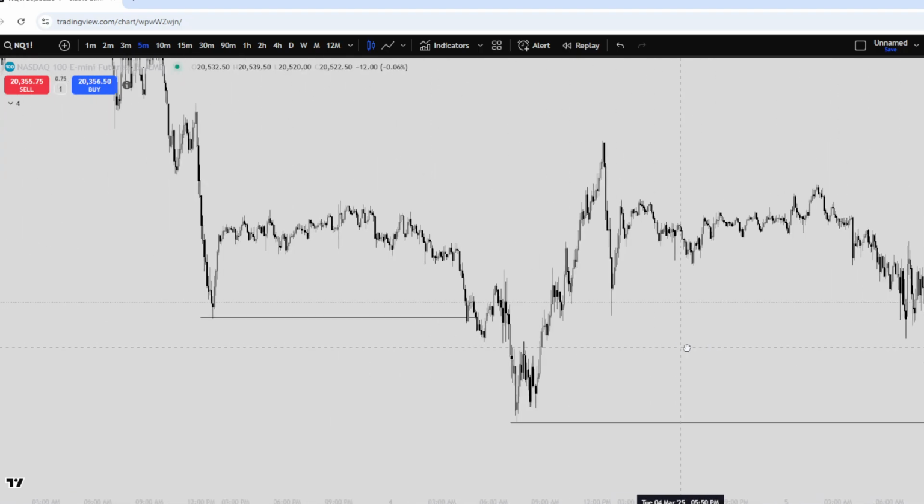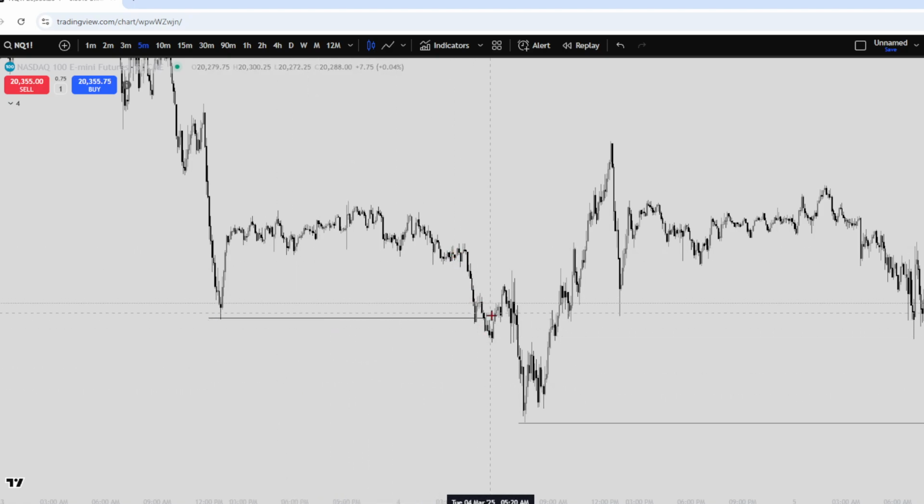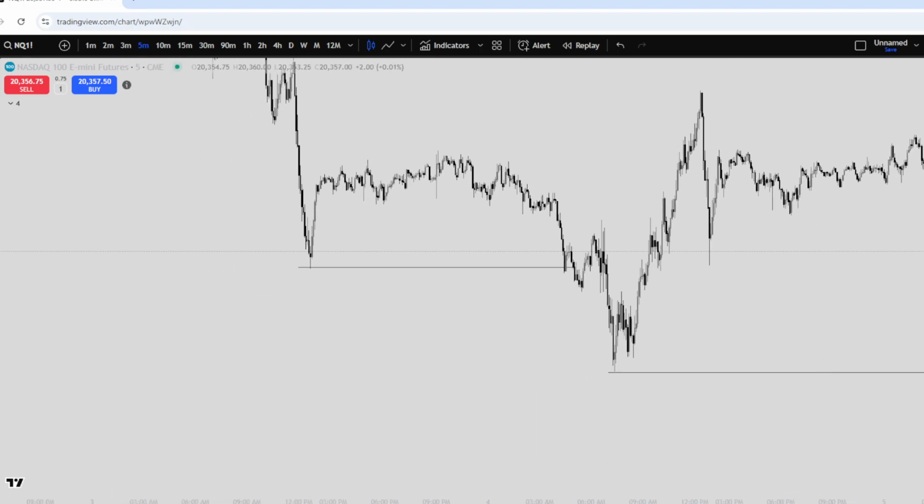What we tend to see is when price takes liquidity, we tend to see a retrace, right? So if we're in a downtrend, making new lows, we tend to see price retrace up and then go lower, right?